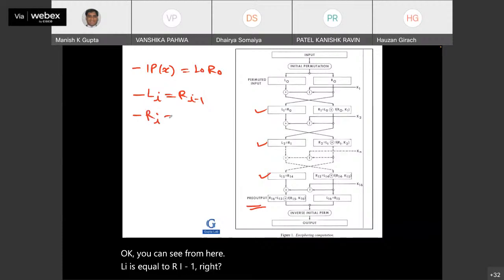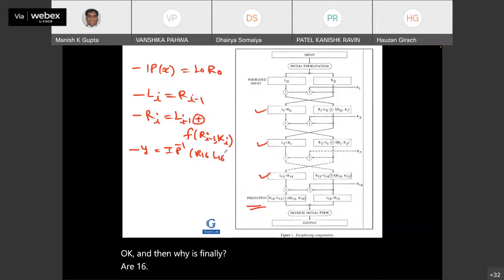Then Ri is equal to Li minus 1 exclusive OR function of Ri minus 1 comma Ki. Ki's are the keys. And then Y is finally IP inverse of R16 L16.